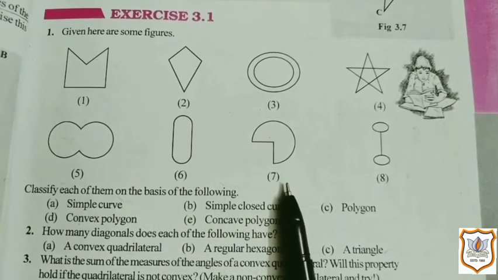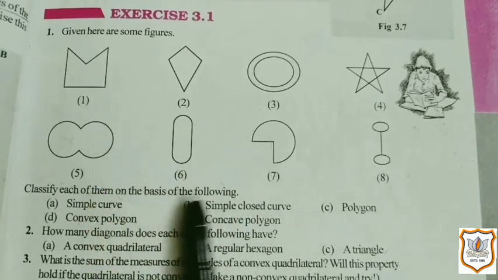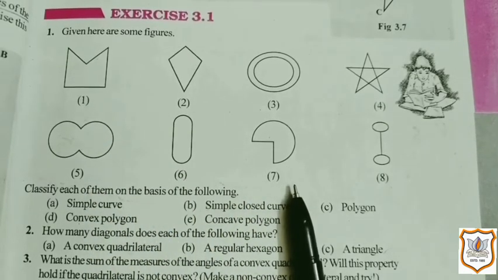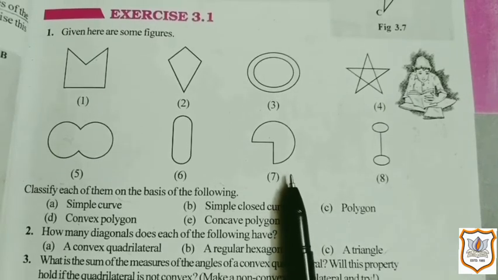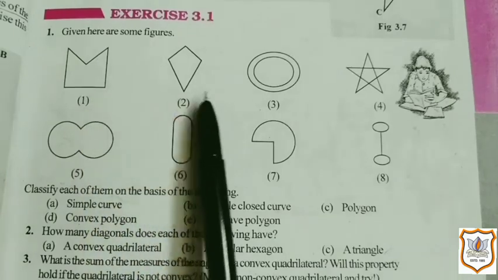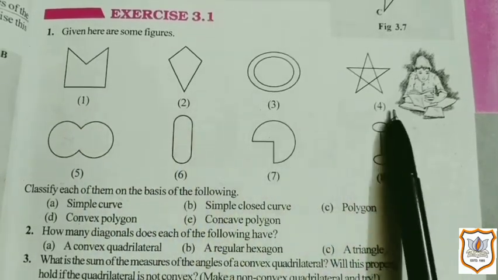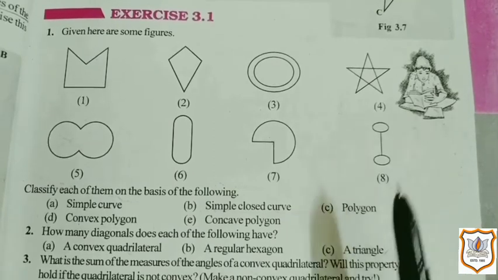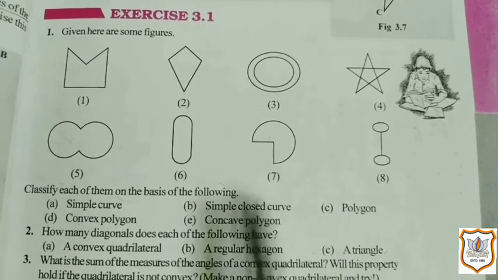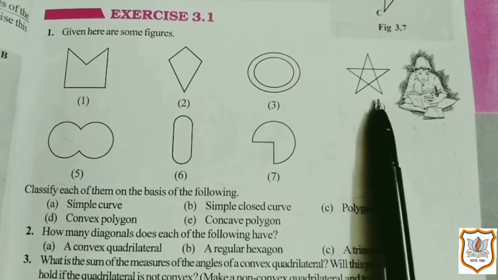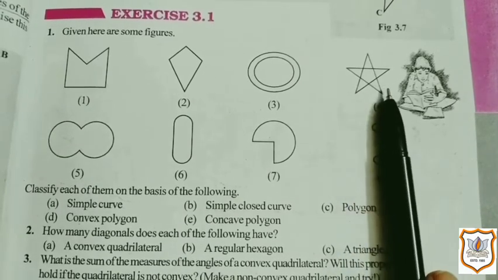You can see that these are simple closed curves. Next, polygon: 1, 2 and 4. These are polygons because these figures are made up of only line segments.